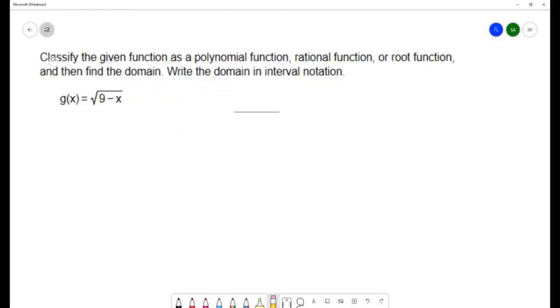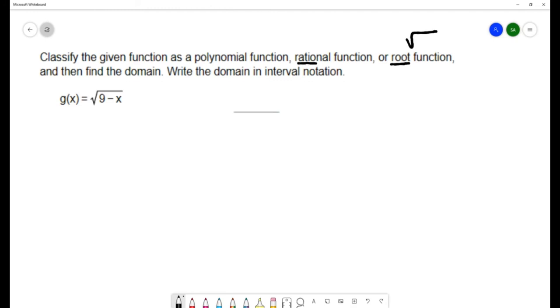On this question, we want to classify the given function as a polynomial function, a rational function, or root function. Then find its domain and write the domain in interval notation. So just real quick, quick and dirty, a root function will have a radical.